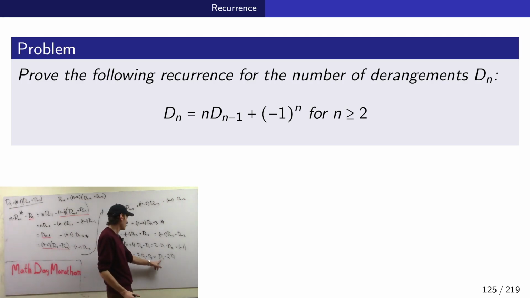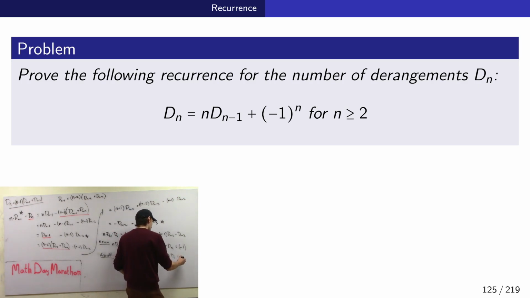After you get to this end, the number of derangements of a 2-element set is 1, minus 2 times the number of derangements of a 1-element set, which is 0, so it's 1 minus 2 times 0, which is positive 1.